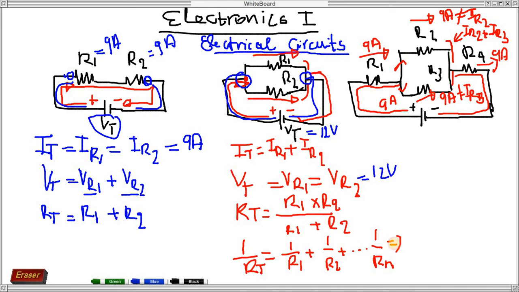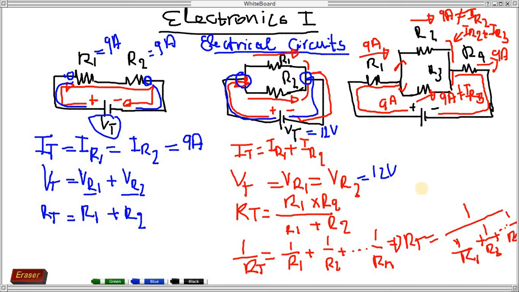If you want to make R total the subject of the formula, you can say R total is equal to 1 over the sum of 1 over R1 plus 1 over R2 plus dot dot dot 1 over Rn.